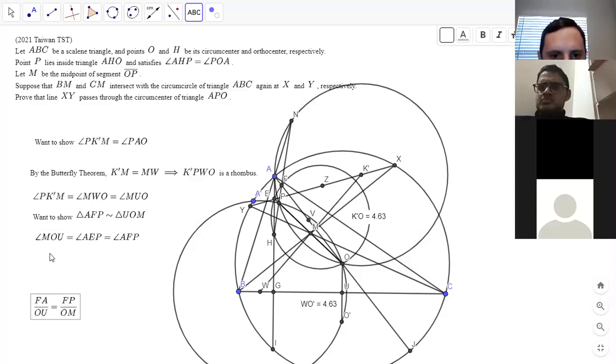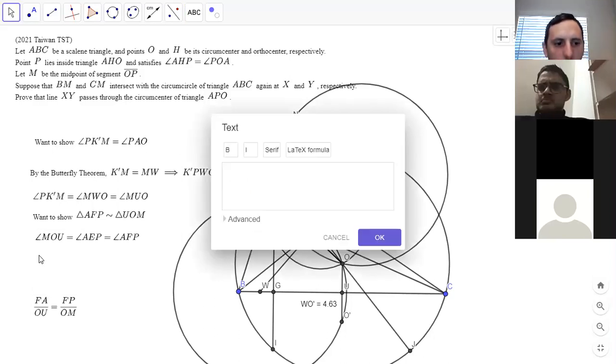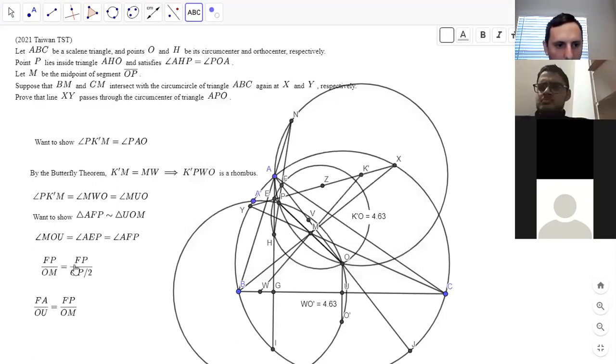So first of all, FP over OM is FP over half of OP. Yeah, it is twice FP over OP.